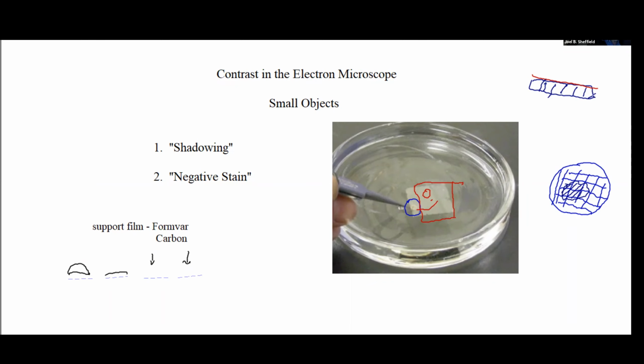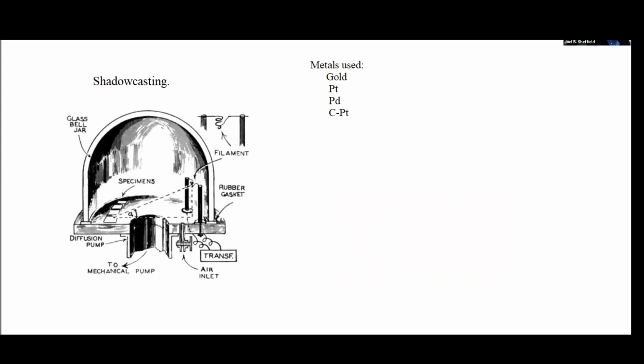So now, if I go back and enlarge this grid a little more, and say that I now have some samples on it, and I'll draw my sample as little balls for the moment. What I will do, if I'm going to do a shadowing experiment, is, and there's a wonderful diagram here, put the sample in a vacuum system, it's generally called a vacuum evaporator.